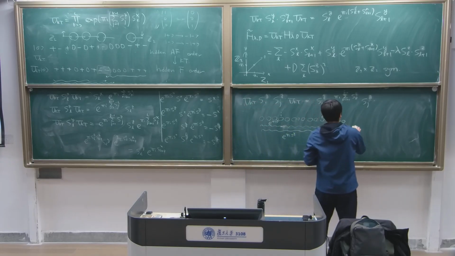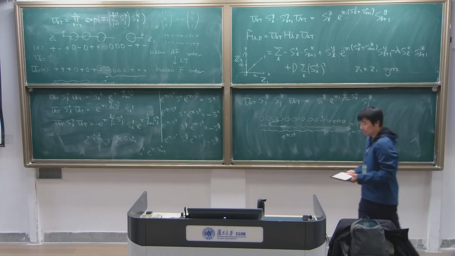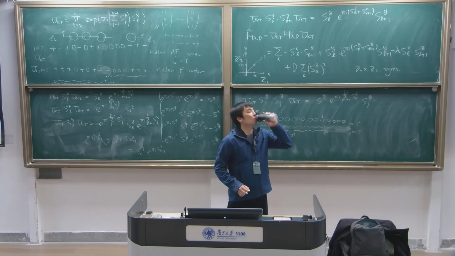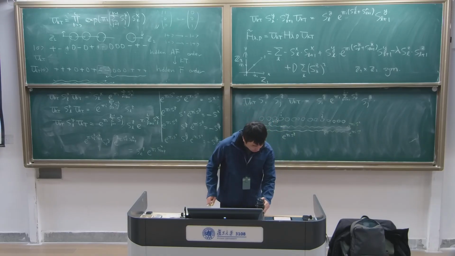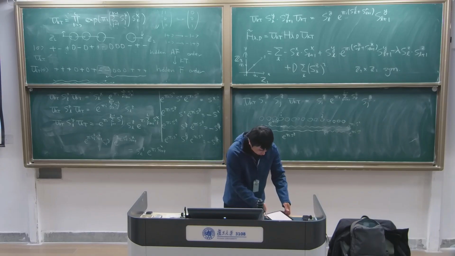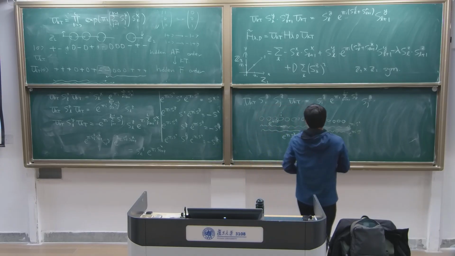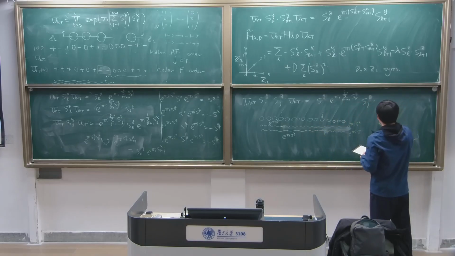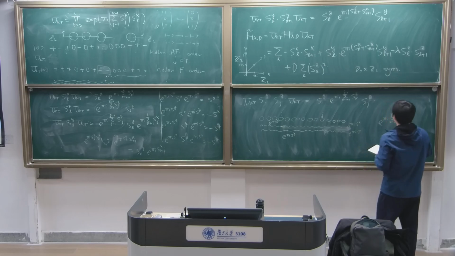And here you have e to the pi i, S^x part. Then you need to combine the effects in between. So here you need to have e to the pi i, sum over l from i plus 1 to j minus 1, something like that, S^x_l.